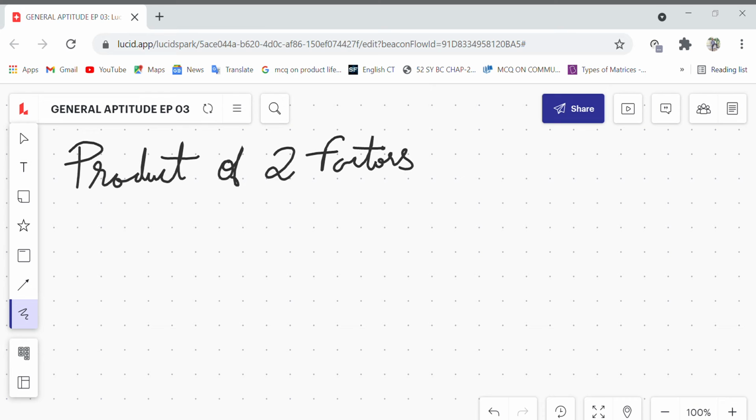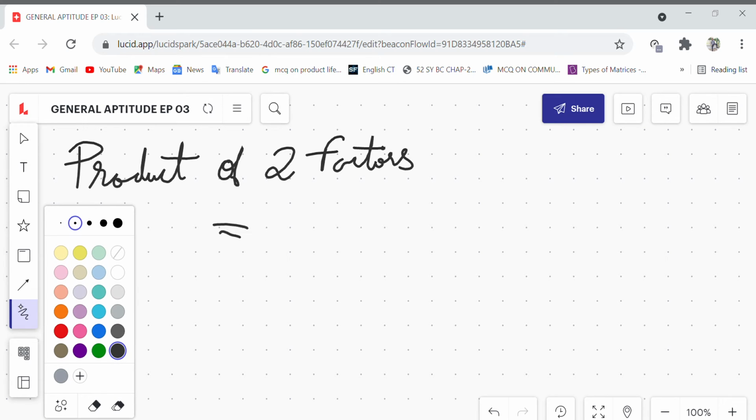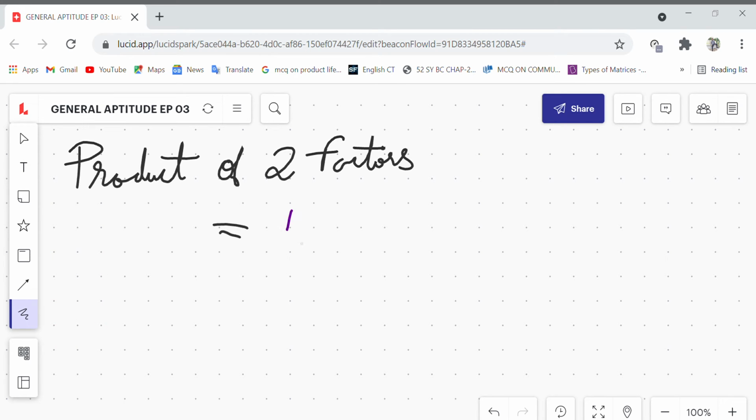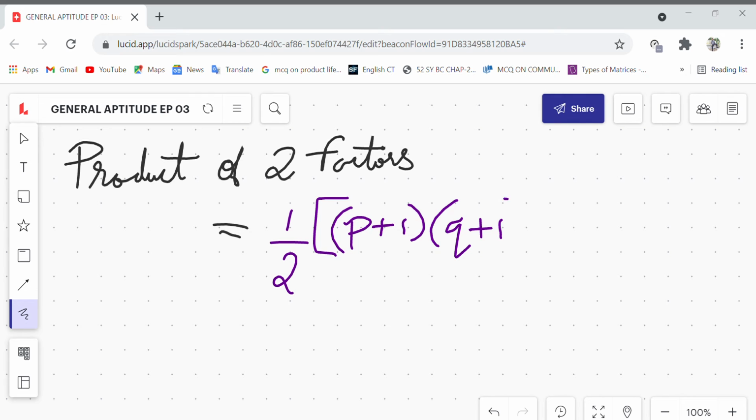Product of two factors is equal to half into, inside the bracket, p plus 1 into q plus 1 into r plus 1.